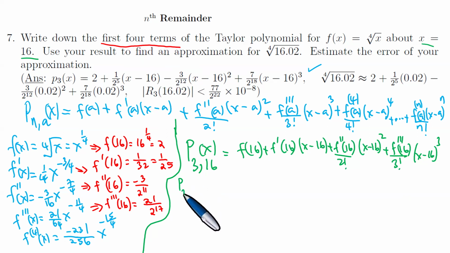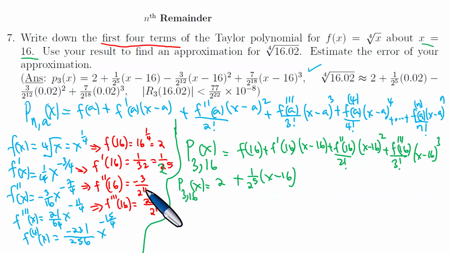So P3, 16, x. f at 16 is a 2. f primed of 16 is 1 over 2 to the power 5. So it is 1 over 2 to the power 5, and then x minus 16.